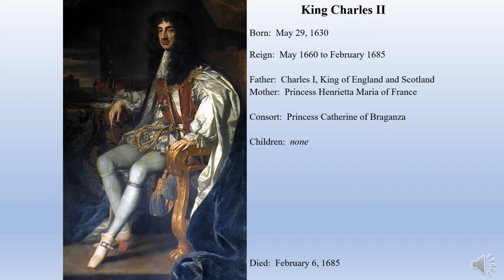And what he does is he writes the Declaration of Breda, where he says that he will not punish the English people other than those that were personally responsible for the murder of his father, that he would promise to regularly consult Parliament, and that he would guarantee the rights of the aristocracy and grant religious toleration. Once these things were all agreed to by Parliament, Prince Charles will return to England as King Charles II, and he'll rule from May of 1660 to February of 1685.